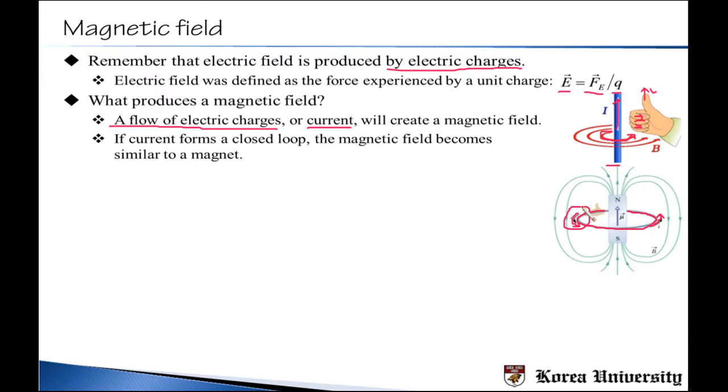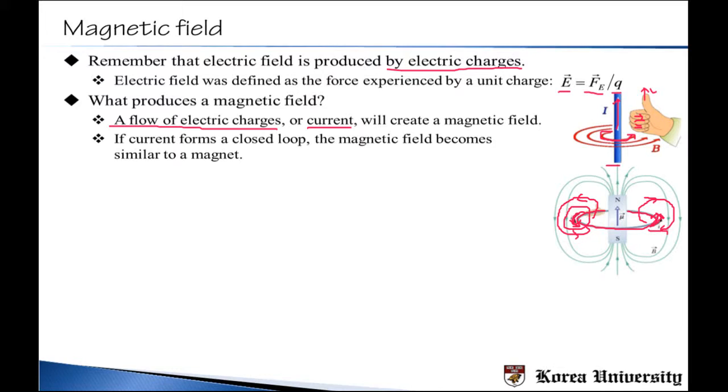Here, the current is flowing in this direction. Following the rule shown above, the magnetic field will appear like this, going around here. And just like that, on the right side, the current is going in this direction. So again, using the same rule, the magnetic field will be going around like this.